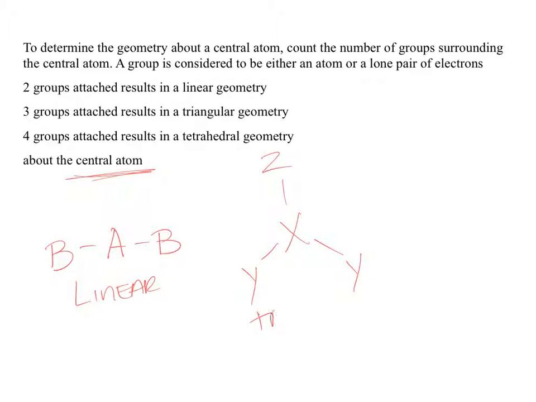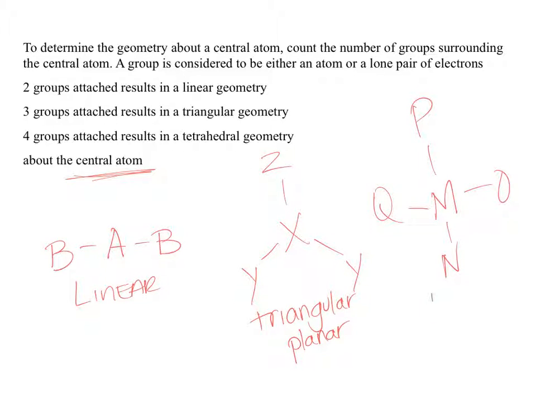This is the trigonal, or sometimes what's referred to as triangular planar geometry. And then a central atom, let's pick some new letters here, going to 4 things. This is the tetrahedral geometry.